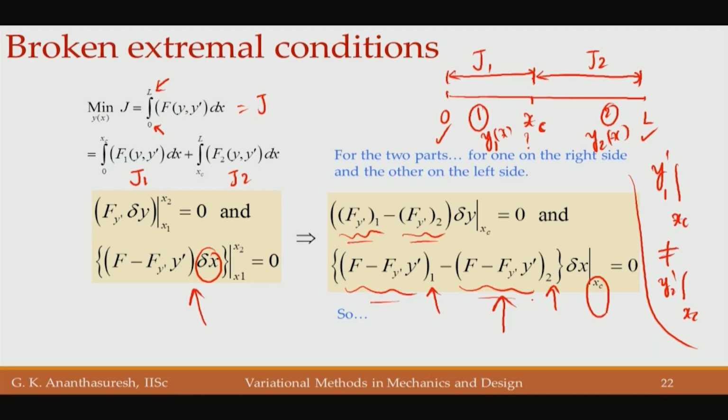They are the continuity conditions. Dou f by dou y', evaluated for y1 at xc and for y2 at xc, is the same, and also f minus f_y' times y' is continuous across the interface. So, you can see how the variable end condition comes about if you just split the domain into 1 and 2 and evaluate J as a summation of two functionals.